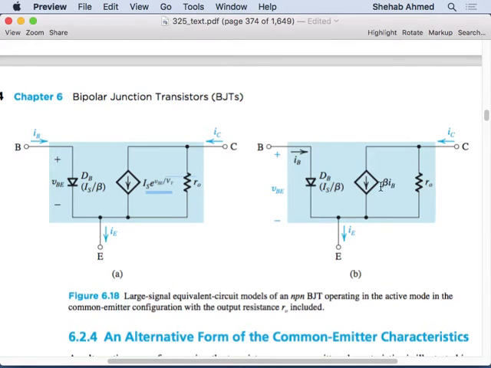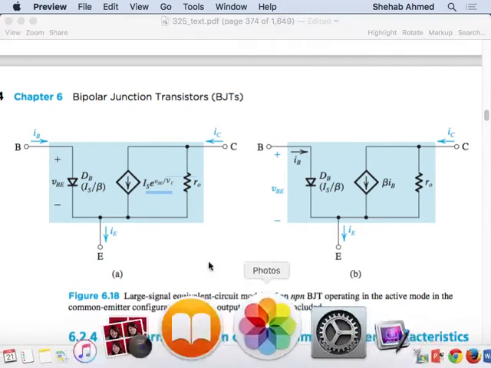We know that IC and IB are related by beta. So I can just replace IC with beta IB, and have it a current, which means I can draw a characteristic now of the device instead of drawing it at constant values, different values of IB, right? And that's what they do next actually.